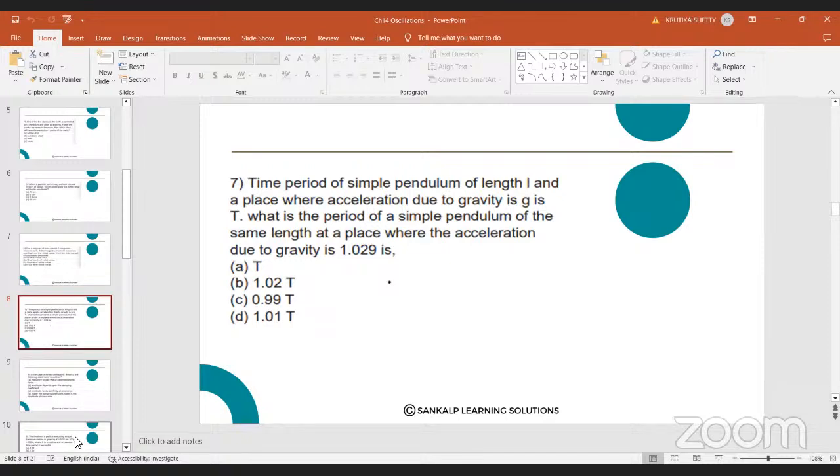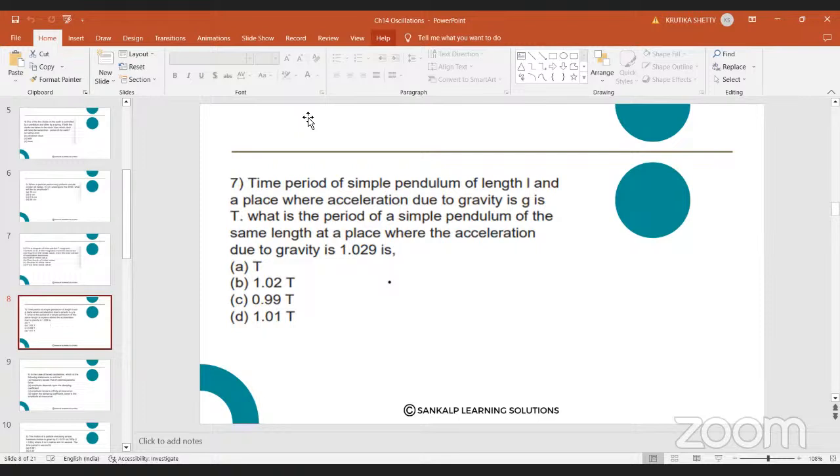So here we need to use the time period equation for the simple pendulum. So what is the change here? When the acceleration due to gravity is G, the time period is T. When the acceleration due to gravity is changing to 1.02 G, then what happens to the time period? That we need to check out.